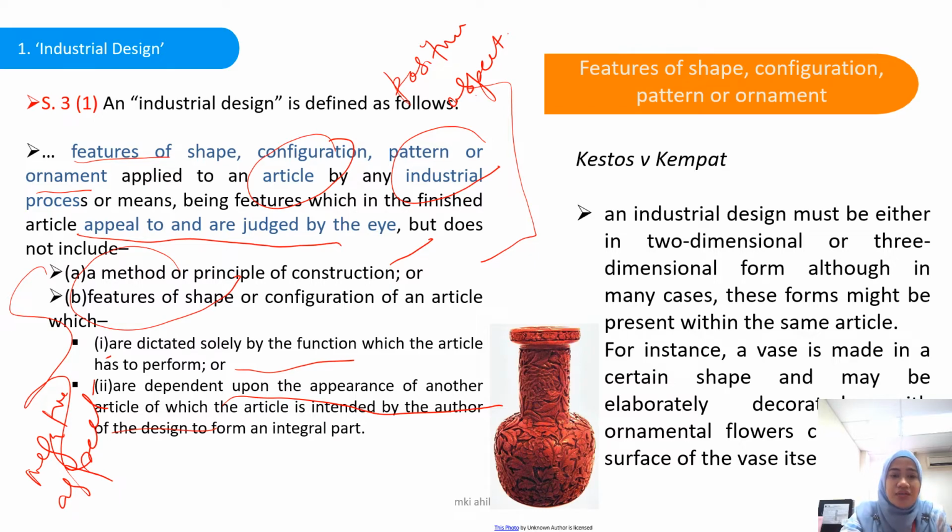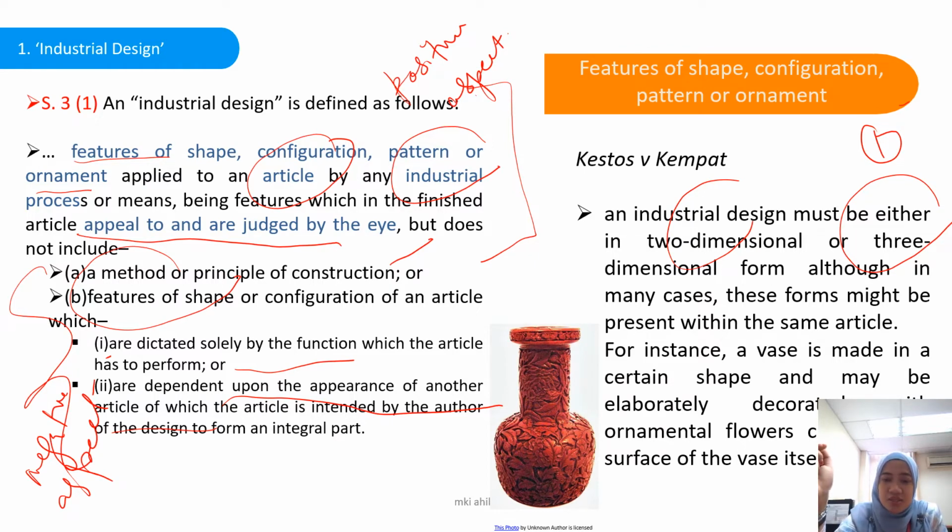So let's take a look at the definition one by one. First is the features of shape, configuration, pattern or ornament. In the case of Castos and Campite, courts held that ID must be either in 2D or 3D, or you can combine this 2D and 3D.